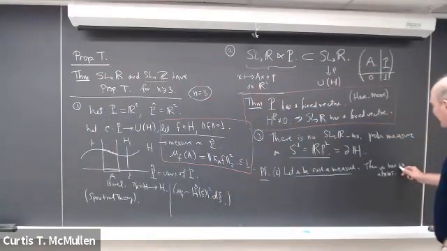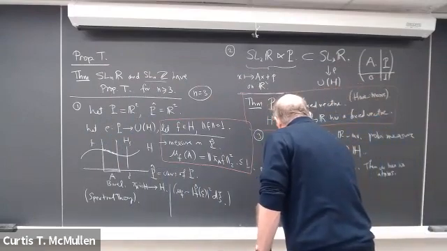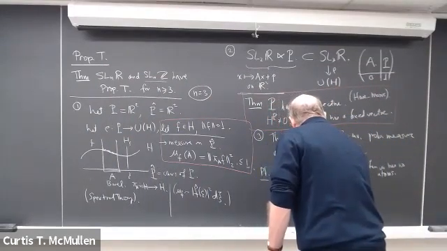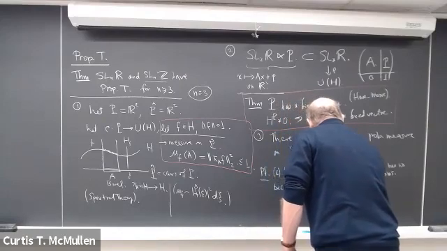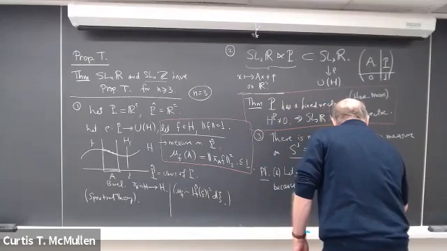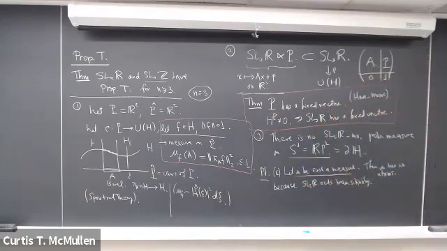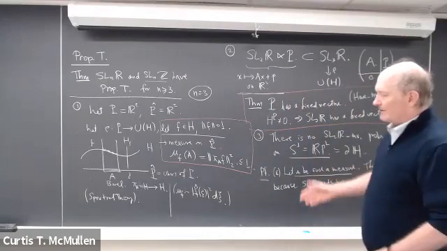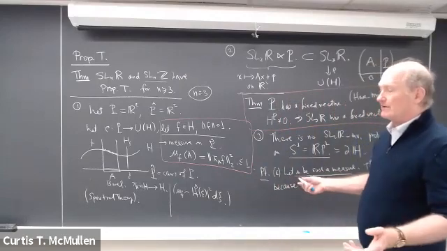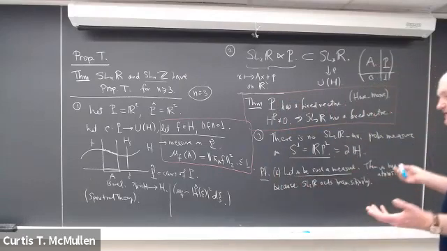So it has no atoms because SL2R acts transitively. That would be crazy. As Tina says, even if we just knew that every orbit of the group were infinite, this would already be a contradiction because you would have infinitely many points, each of which has mass a tenth.